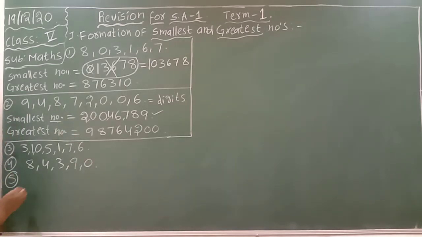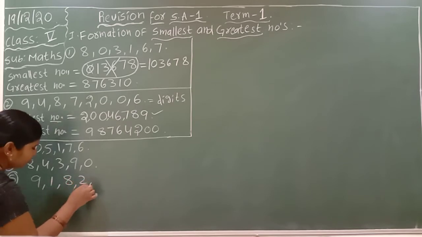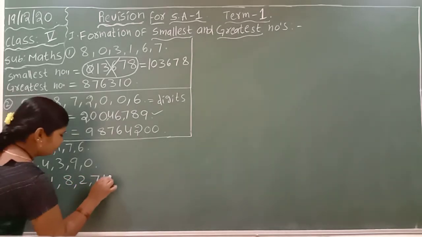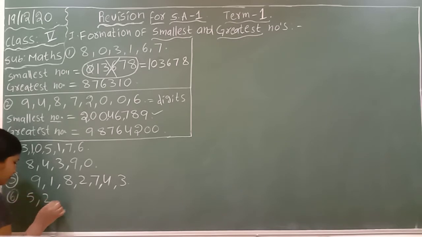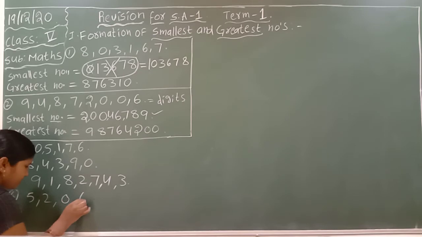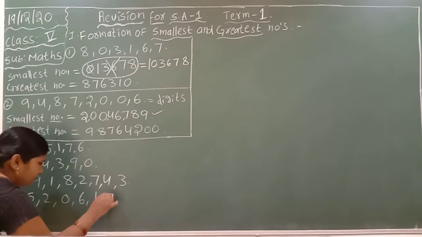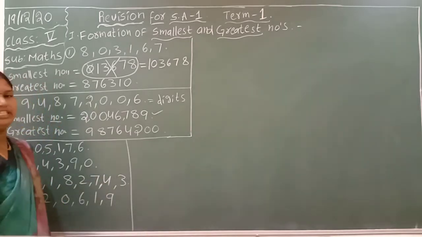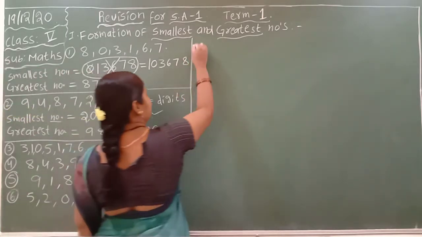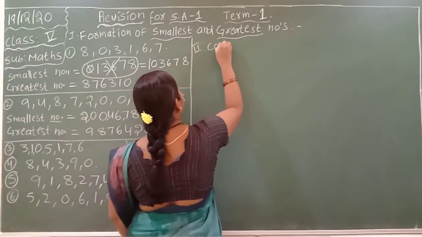Fifth one: 9, 1, 8, 2, 7, 4, 3. Sixth question: 5, 2, 0, 6, 1, 9. Okay, like this. After this, in the second bit we will discuss comparison of numbers.